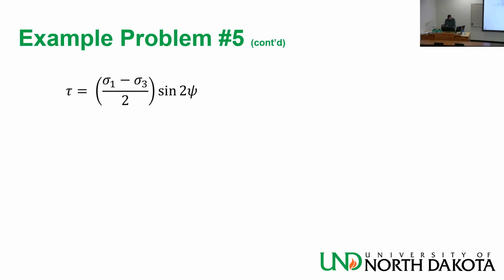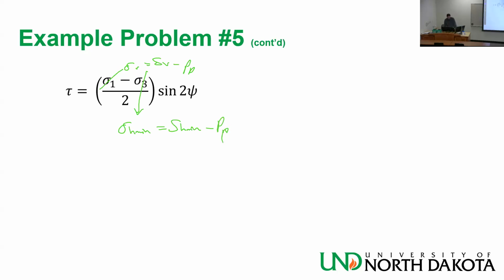And my sigma, this is basically sigma V, which is SV minus PP. And this is sigma H mean, which is basically SH mean minus PP.